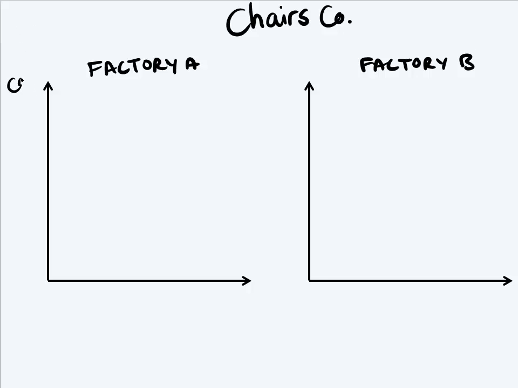So we're going to write the cost on the vertical axis, 0 over here, and then we're going to write quantity. I'm going to put a little A down there to show the quantity produced at Factory A.